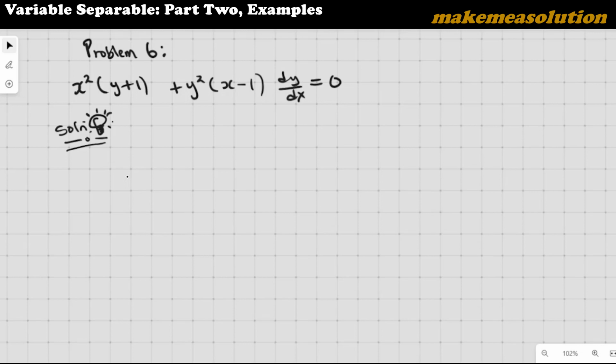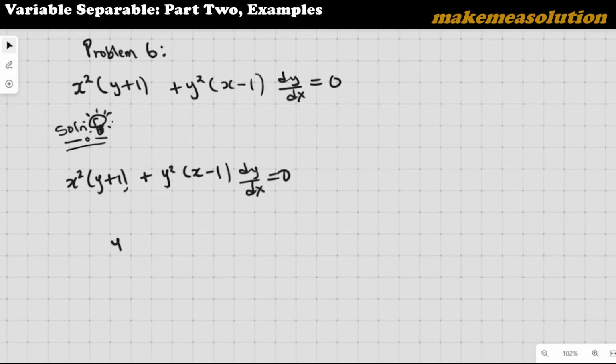So to separate the variables, as usual, we'll have x squared into y plus 1 in brackets plus y squared into x minus 1 dy dx equal to 0.